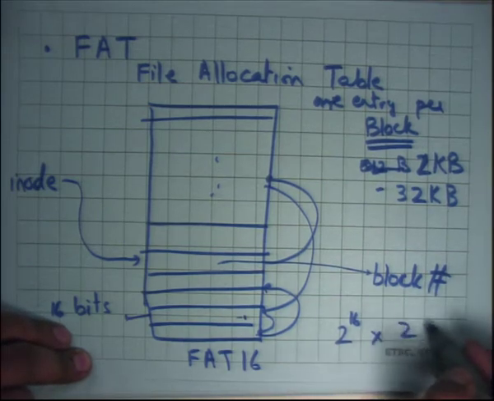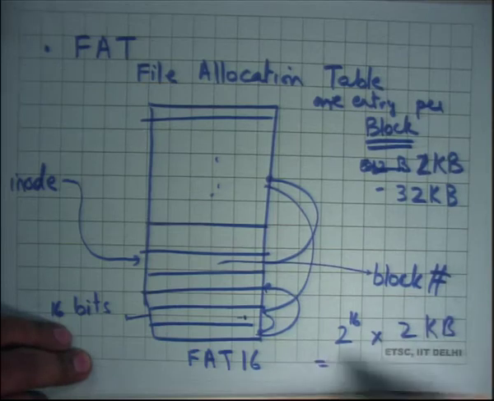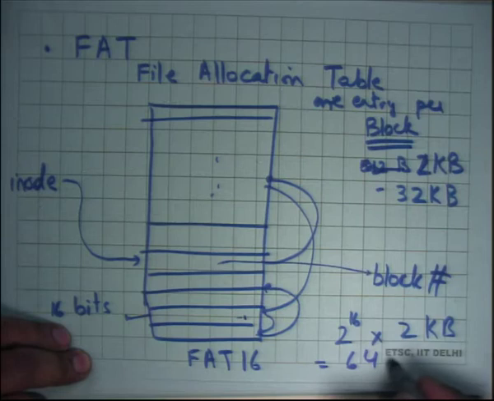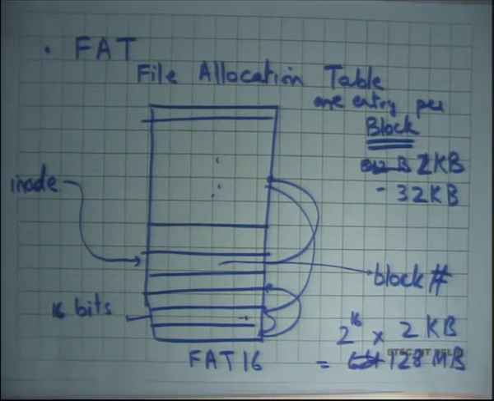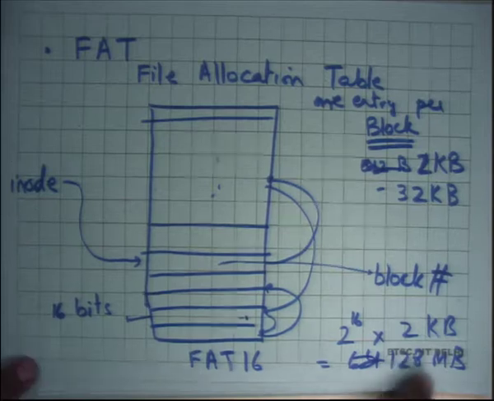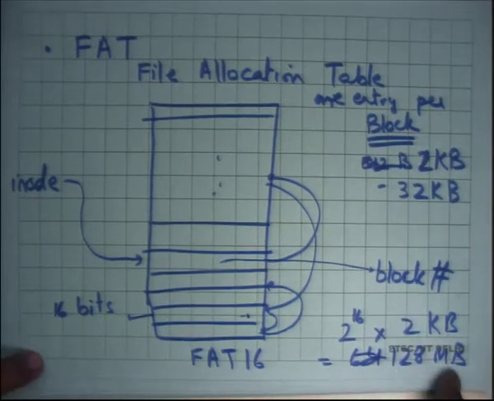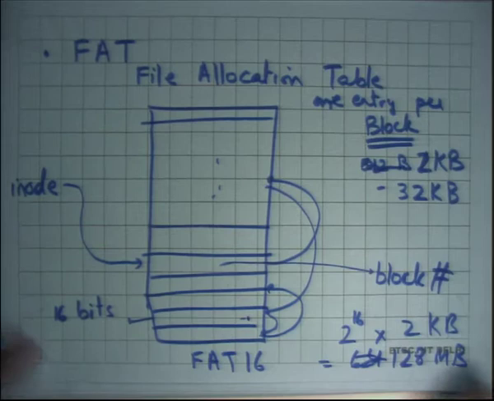Let's say it's 2 kilobytes, then that's 128 megabytes. You basically have a 128 megabyte disk that you can support with this organization.